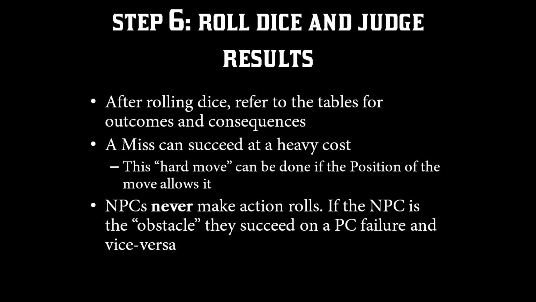And NPCs never make action rolls. So this is something that I just wanted to clarify. If the NPC is the obstacle, they succeed on a PC failure and vice versa. So this is something often called player-facing rolls. Basically, the GM is not rolling for the NPCs to make action rolls, to do things to the player.